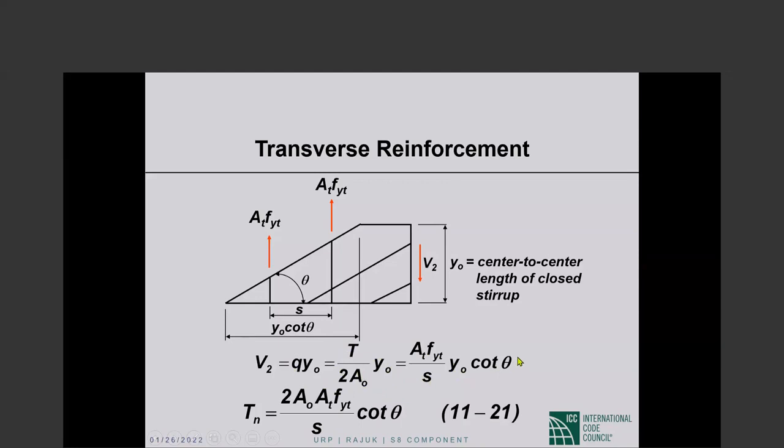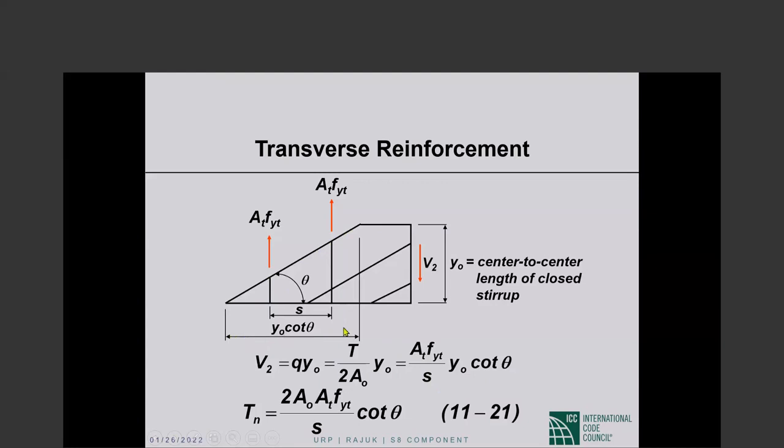Y0 cotangent theta divided by S is, as I mentioned, the number of closed transverse reinforcement crossed by the inclined crack.